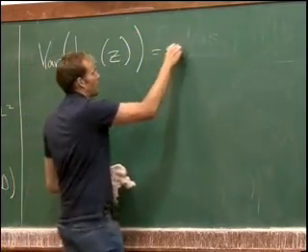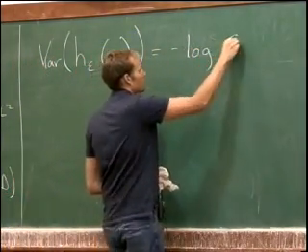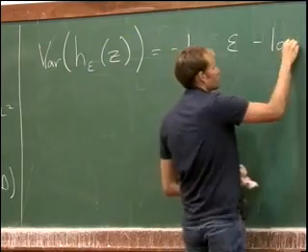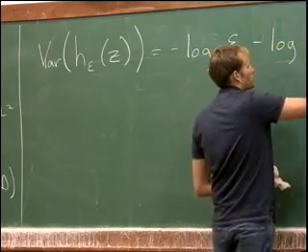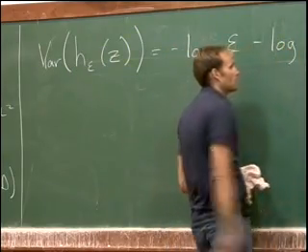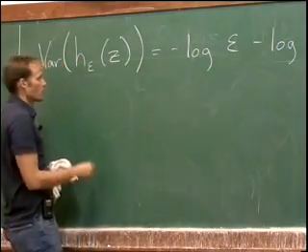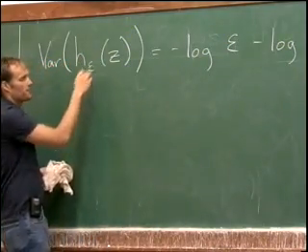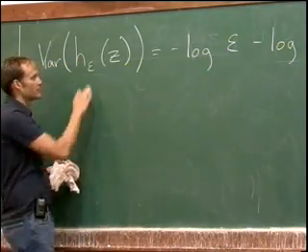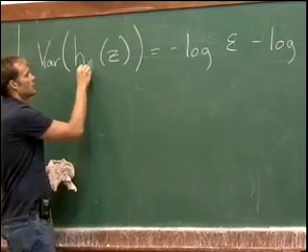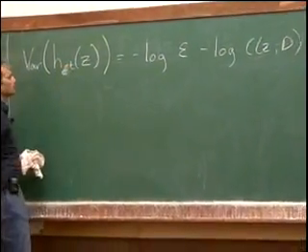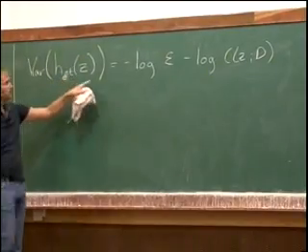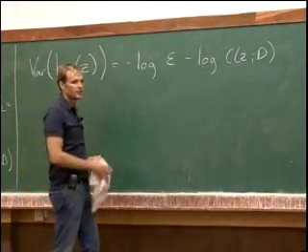Well, it's minus log of epsilon, and then minus this fixed constant, the log of the conformal radius. Or if you call epsilon, say, e to the minus t instead, then minus log of e to the minus t is just t.